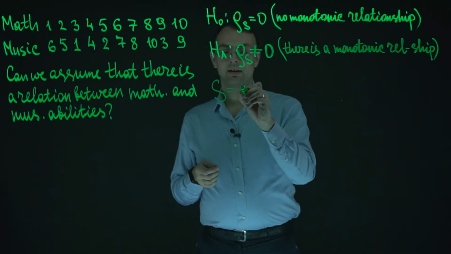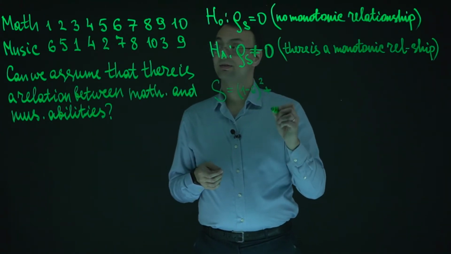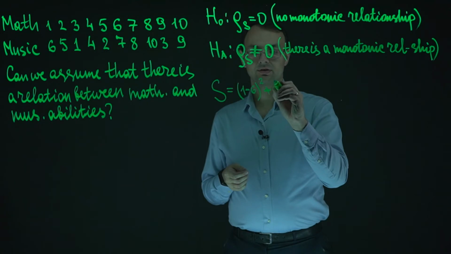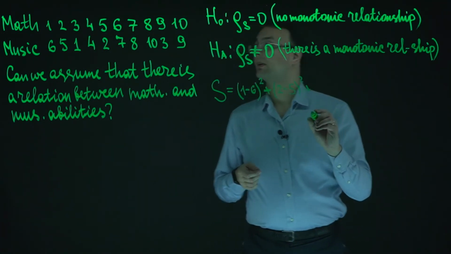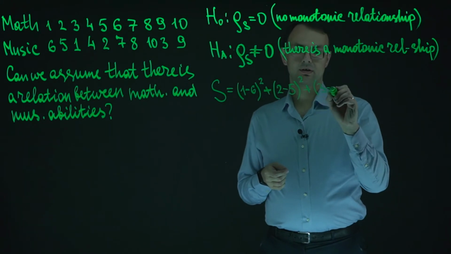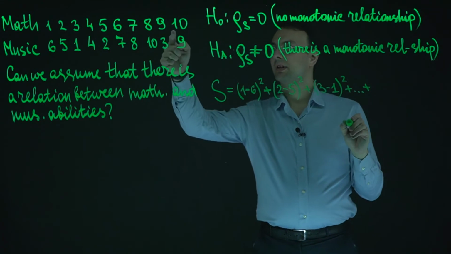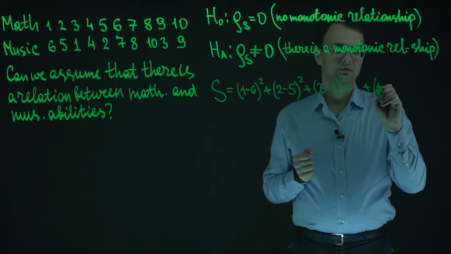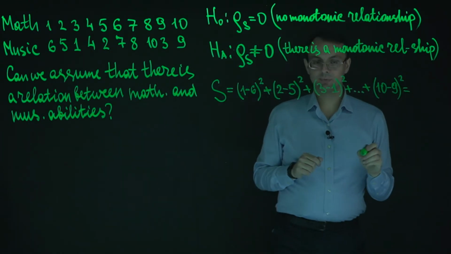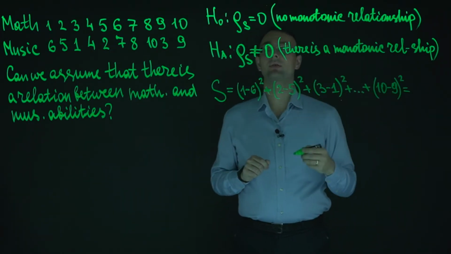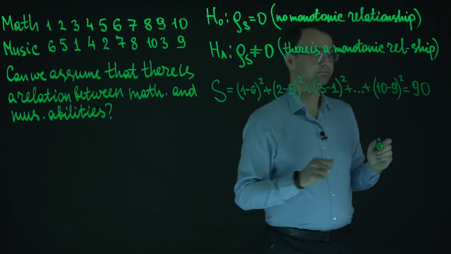So it is like (1 minus 6) squared plus (2 minus 5) squared plus (3 minus 1) squared, and so on, up to the last, (10 minus 9) squared. And if we calculate all this, we'll get that this is equal to 90.